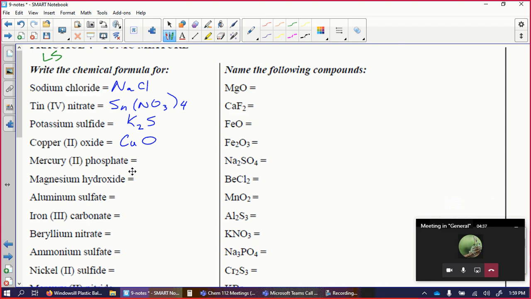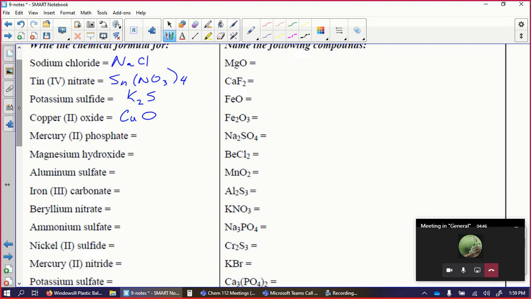I have just been recording myself doing the answers to the left side of 3, and now I'm on 4, so I'm going to finish this up before we really get going. We'll go back and look at them. Mercury is 2, so I need 3 of those. Magnesium is +2. Hydroxide is -1.